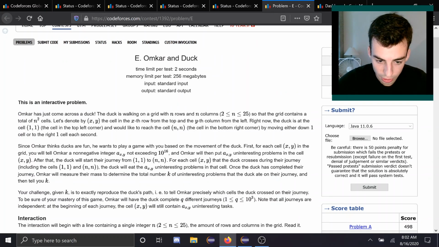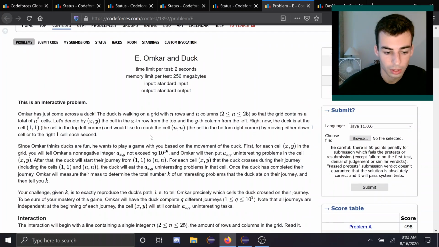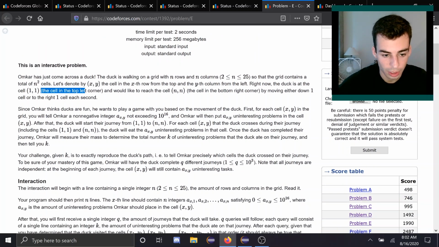The duck is walking on a grid with n rows and n columns, so that the grid contains a total of n squared cells. This is a cell in the ith row from the top, jth column from the left. Initially we're at cell 1, 1.